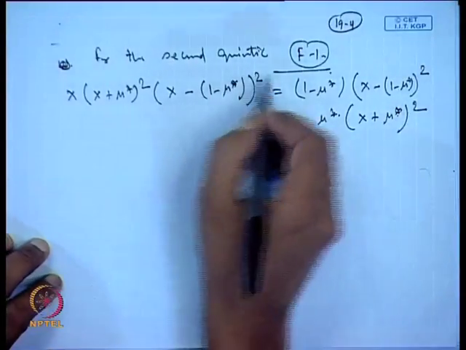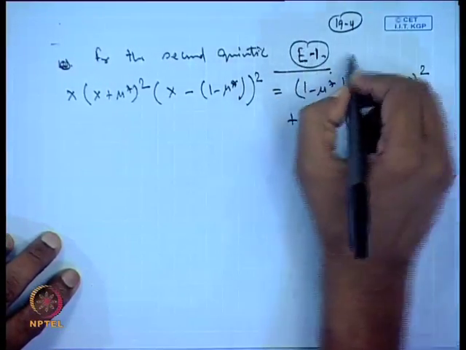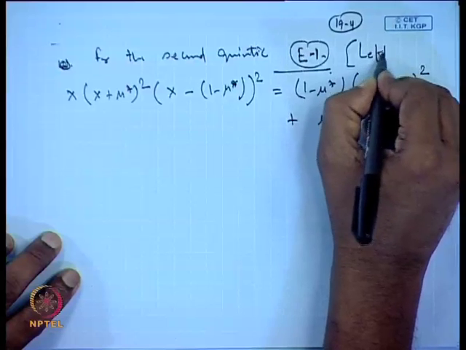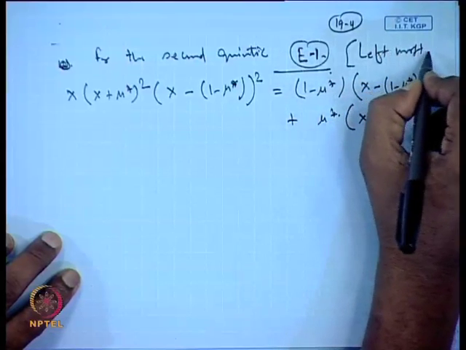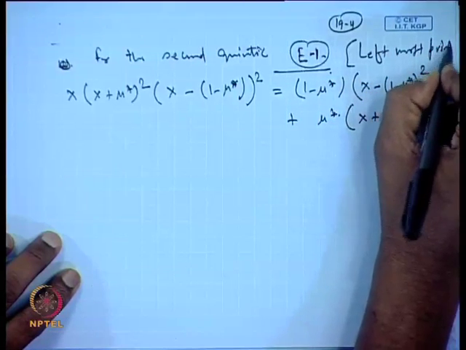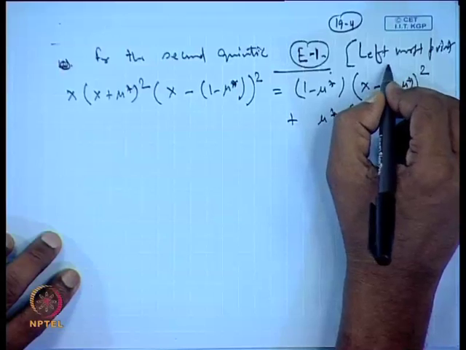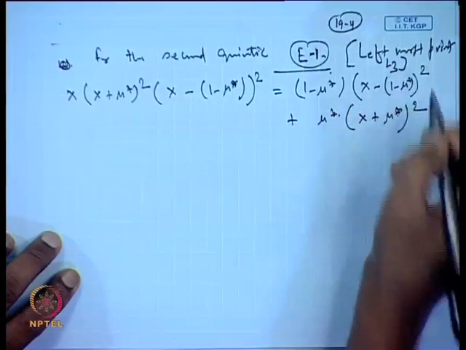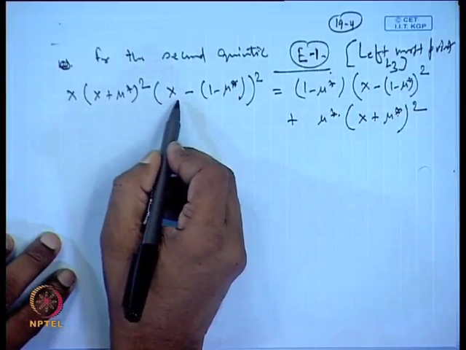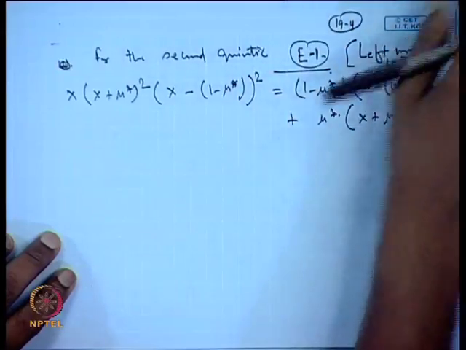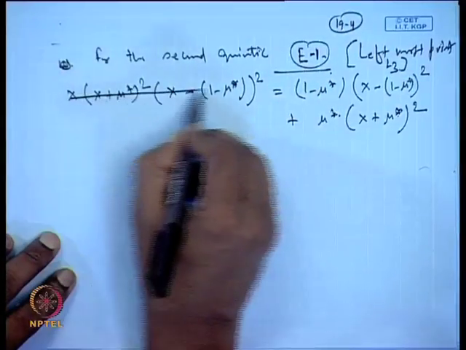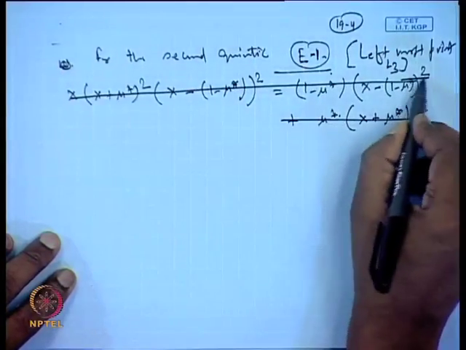And this one we are writing for E 1 here. This is the leftmost point, which in our case we have written as L 3. So we need to do a modification here in this place, and we replace this by another term.